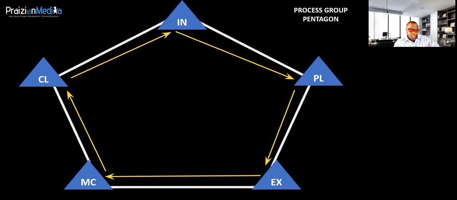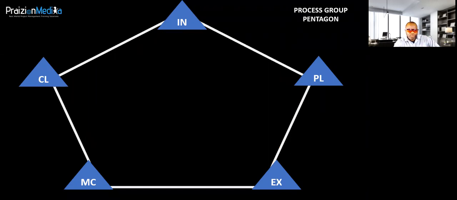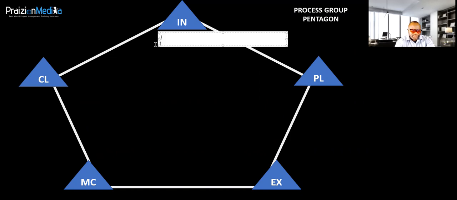All right, so I want you to try that yourself, and then I'm going to tell you what I think you should have come up with. So hit the pause button, think about it, and then let's move on. All right, so initiating is where the project is authorized. So as you go through this challenge, I want you to make some notes, okay? So we have authorization.